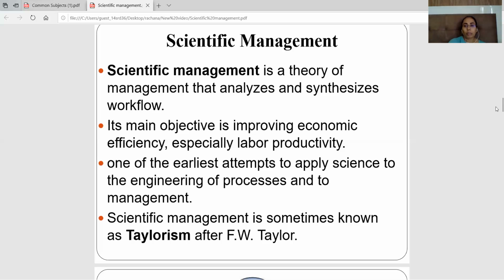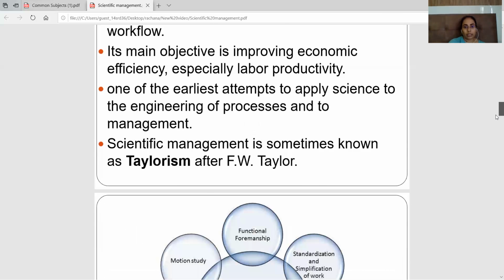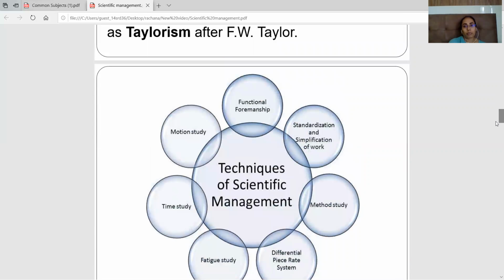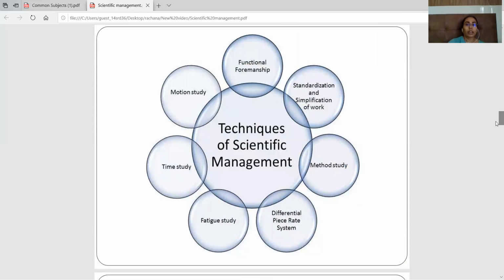When we talk about the techniques used in scientific management, according to F.W. Taylor, there are 7 techniques of scientific management which can be used in an organization so that we can improve the productivity of individuals or labor.